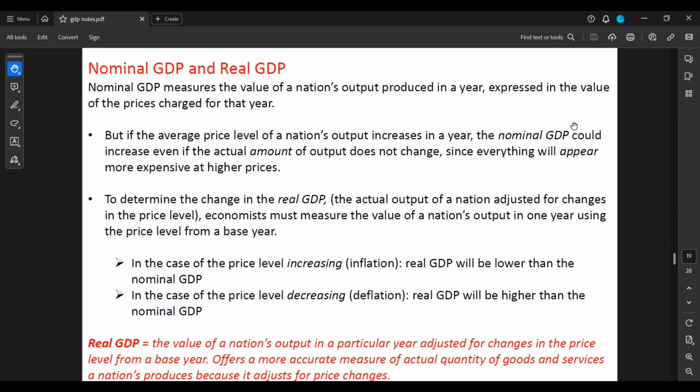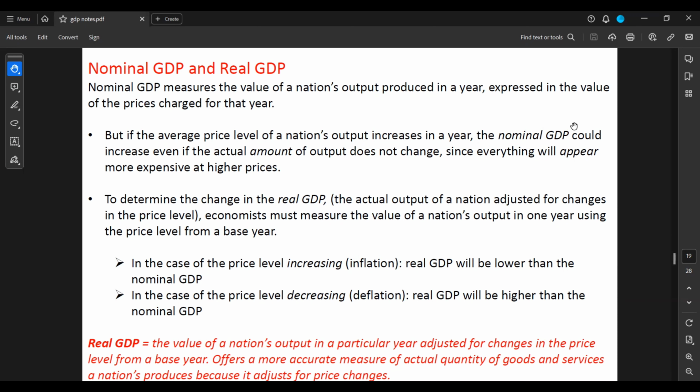Then we're going to look at nominal GDP and real GDP. Nominal GDP measures the value of a nation's output produced in a year expressed in the prices charged for that year. But if the average price level of a nation's output increases in a year, nominal GDP could increase even if the actual amount of output does not change, since everything will appear more expensive at higher prices.